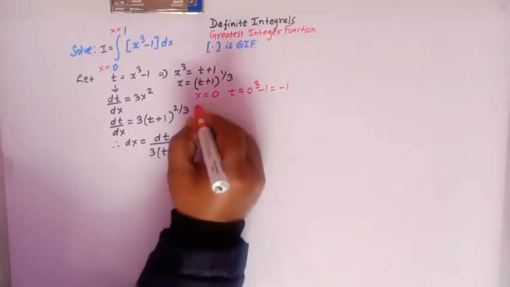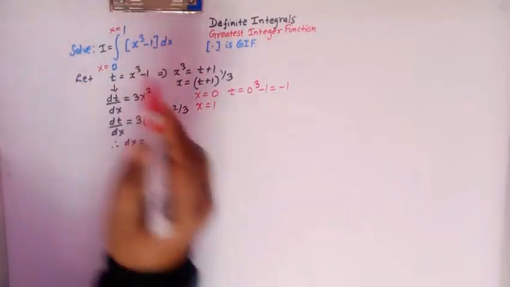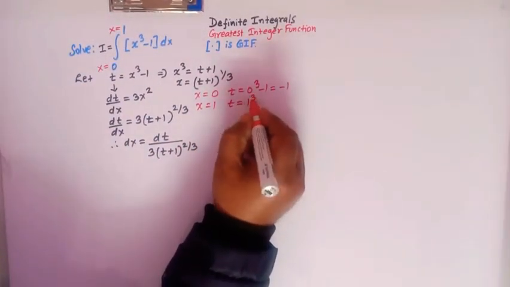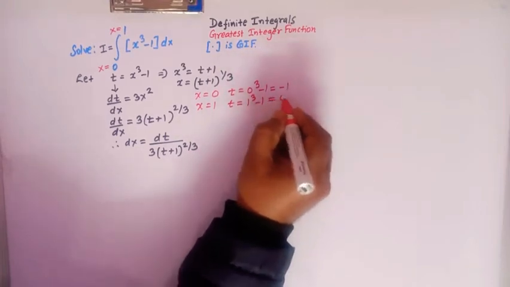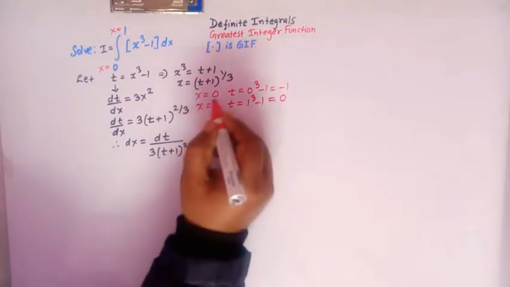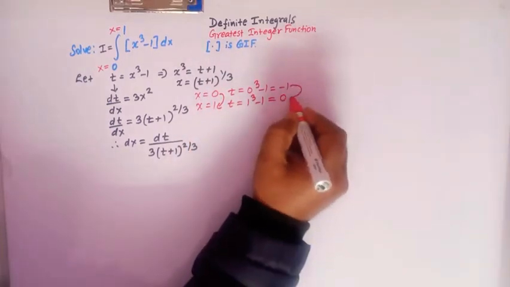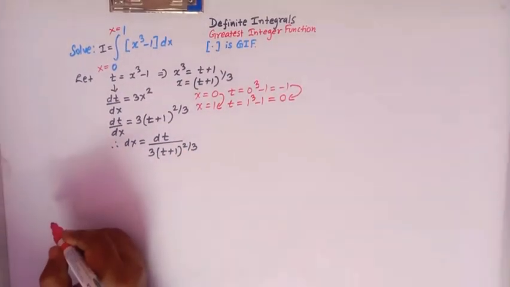And when x is equal to 1, then t is equal to 1 cube minus 1, that is 0. So when x varies from 0 to 1, t varies from minus 1 to 0.